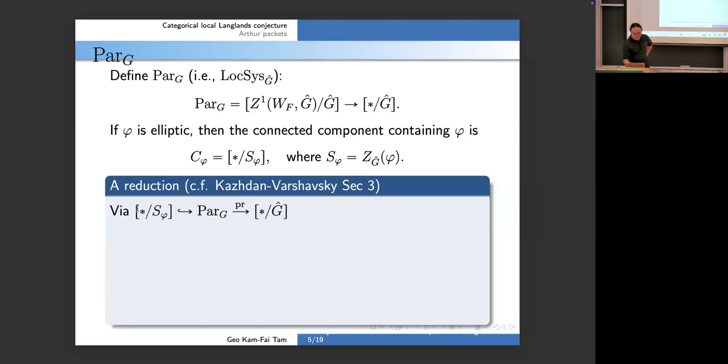Here we embed this connected component into par G, and it can project to the classifying space of the dual group.